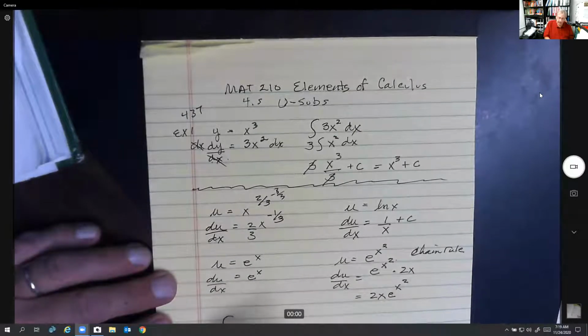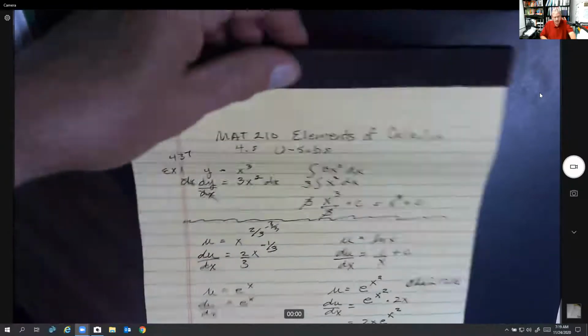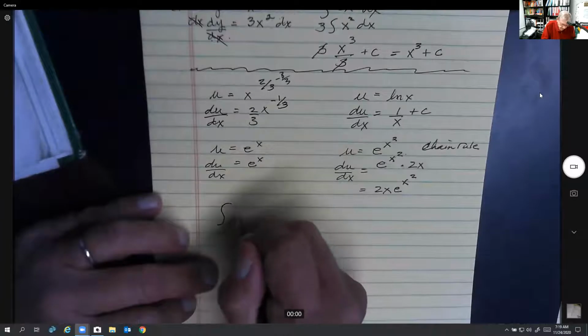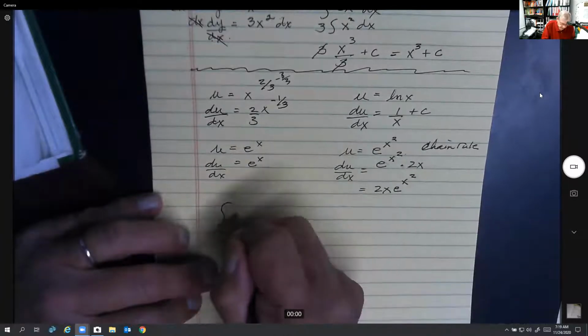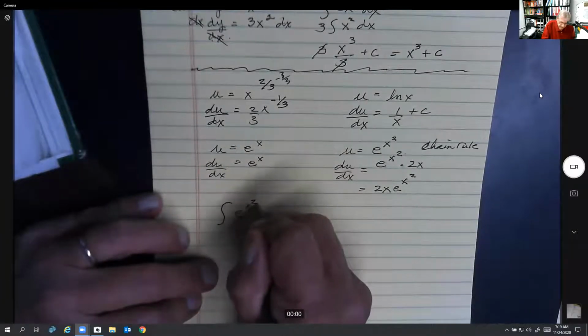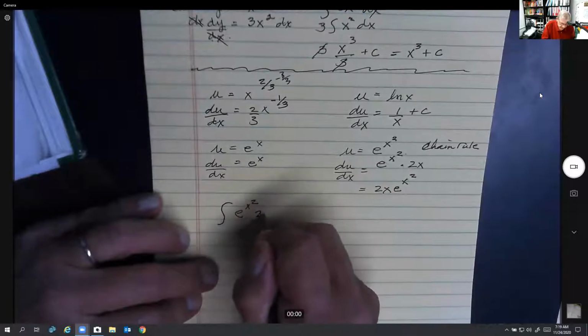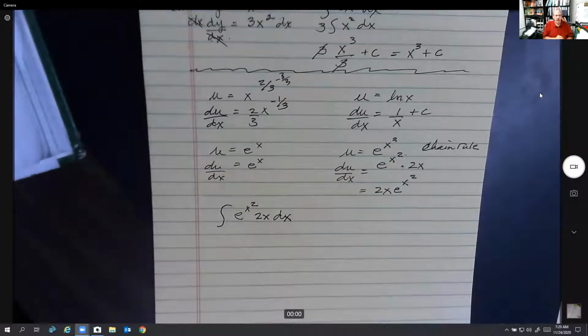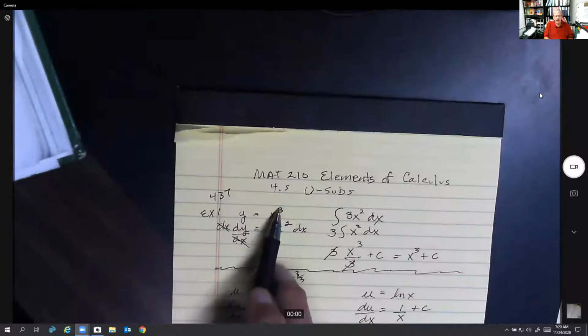We're going to take the integration, write it down here, the integral of e to the x squared times 2x dx. So how do we do this problem backwards? The earlier one wasn't too bad to do backwards.